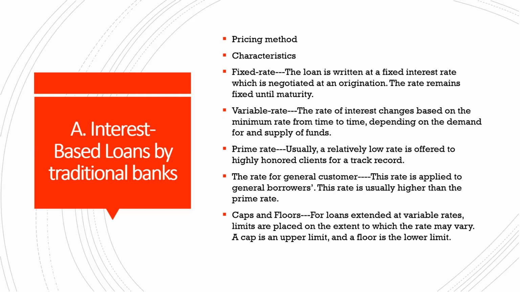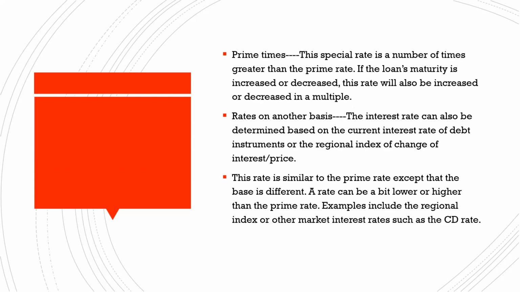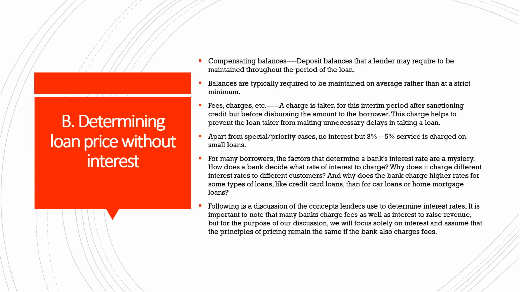Next is the rate for general customers, those who are unknown to the bank. There are many customers, so we call it the rate for general customers. And caps and floors are limits placed on an extended variable rate, to the extent to which the rate may vary according to demand and supply. Prime rate is also a rate on another basis. These are all quite similar.